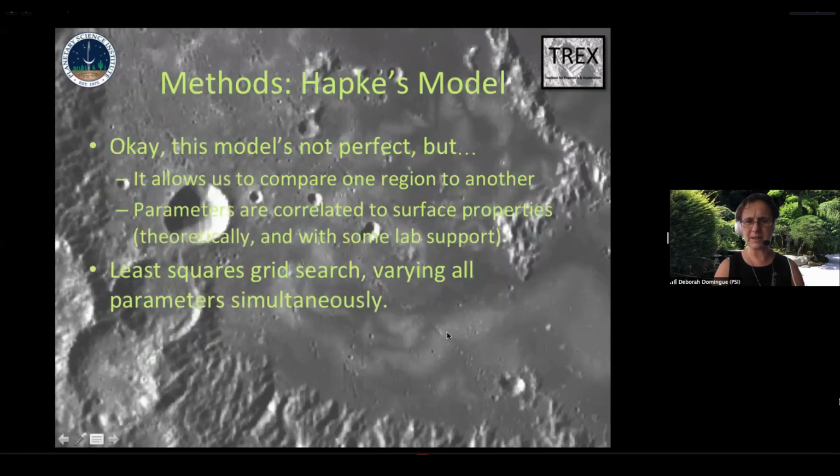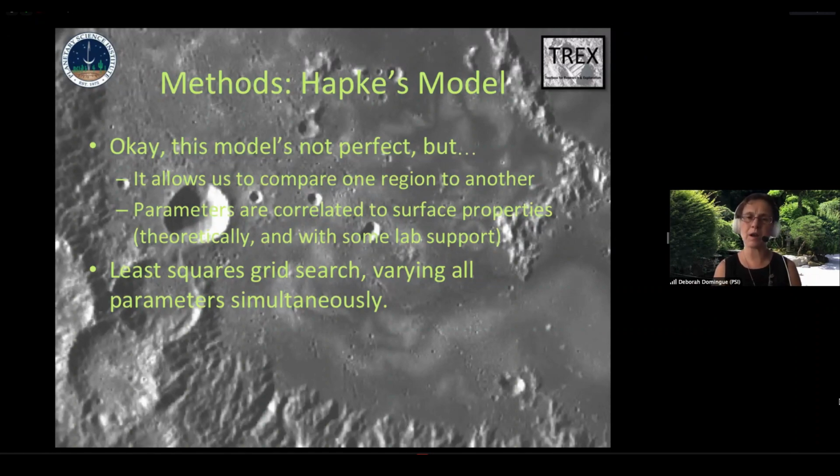Oh, great, my slide now doesn't want to work. Okay, so we used Hapke's model, and for anybody who lives, eats, and breathes photometry, there are pros and cons to Bruce's model. There are others out there that can be used to characterize the surface. But what this one does is it allows us to compare one region to another, and it allows us to correlate parameters with surface properties.